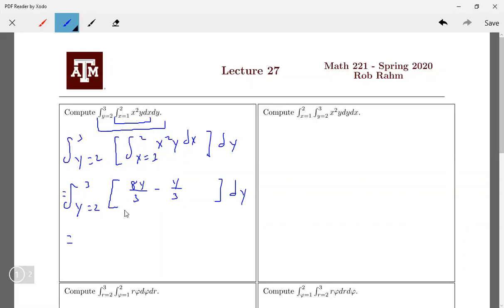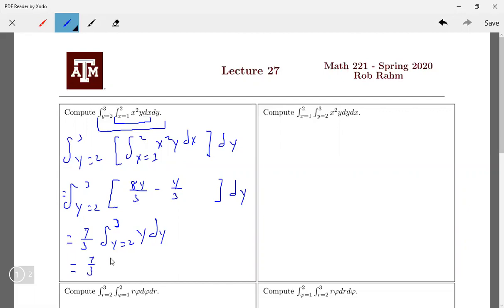Well, I can factor out a y. So this is going to be equal to 8/3 minus 1/3 times y. So 8y/3 minus y/3 is 7y/3. So this is 7/3 times the integral y equals 2 to 3 of y dy. Okay, the antiderivative of y is y squared over 2.